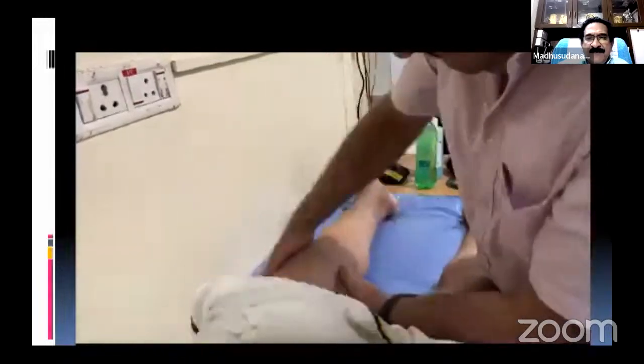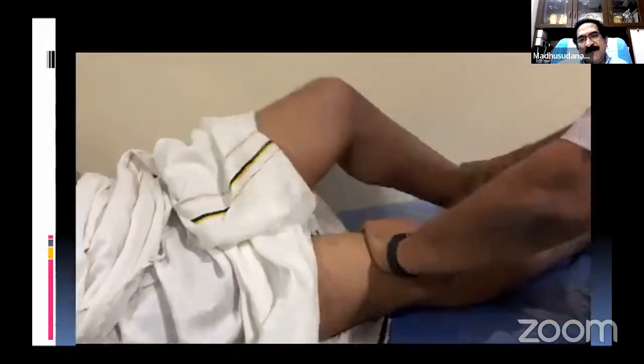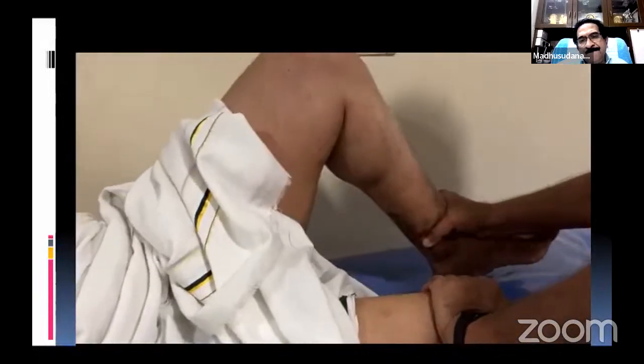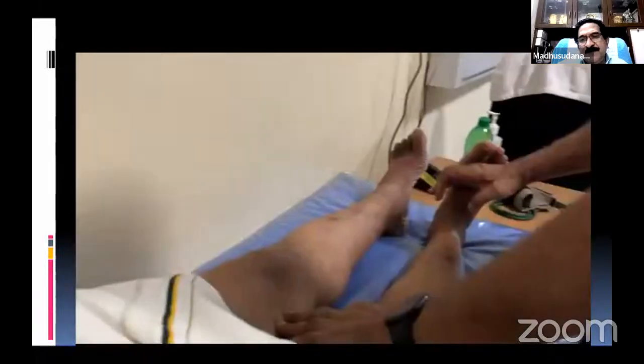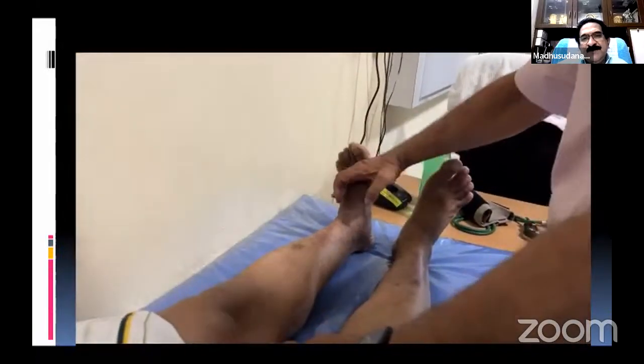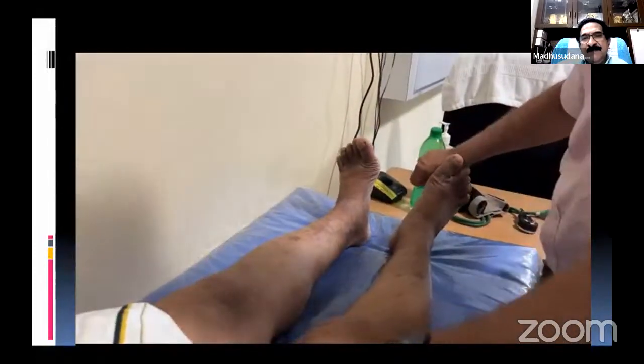Hip flexion was normal, almost normal. The extension was normal. Ankle weakness is there, not very sure about it. Bedside examination was normal.